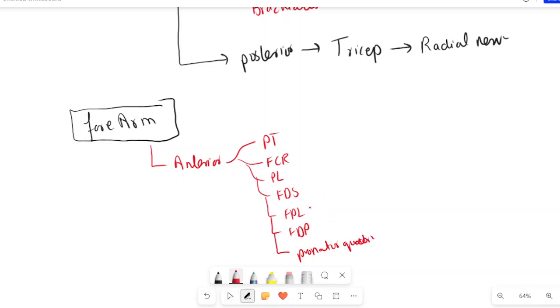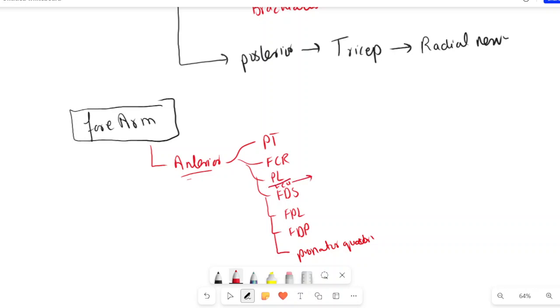You have to remember that the forearm anterior muscles are supplied by the median nerve, except there are some exceptions. Flexor carpi radialis, palmaris longus, flexor digitorum superficialis, and there is the flexor carpi ulnaris.